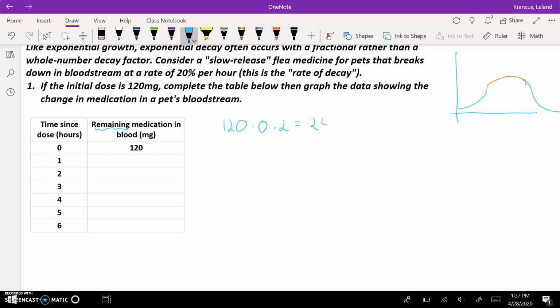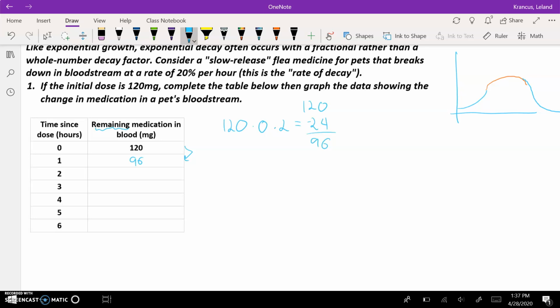So that would be 24. So in that first interval, it's going to drop down by 24 milligrams, which would be down to 96. So if you do 120, subtract 24, you get 96.